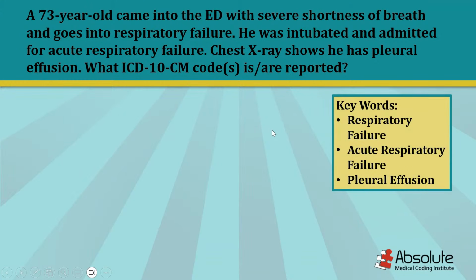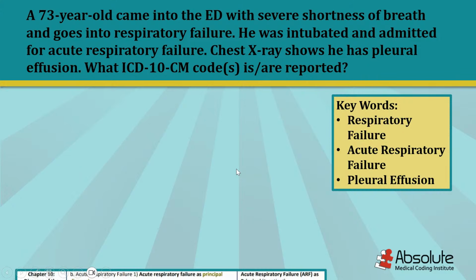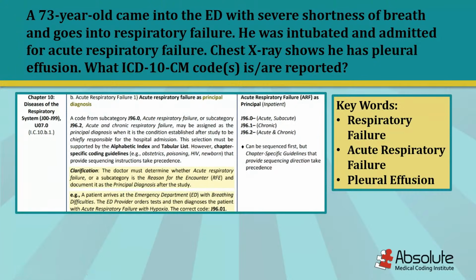The keywords we're taking out of here are respiratory failure, specifically acute respiratory failure, and the pleural effusion. So this is going to be the guideline we're going to be referencing, IC10B1, acute respiratory failure as principal diagnosis.